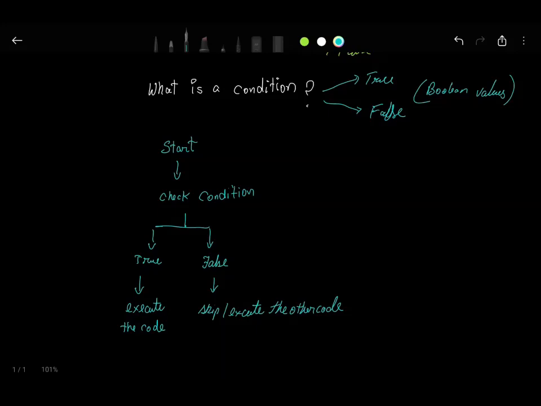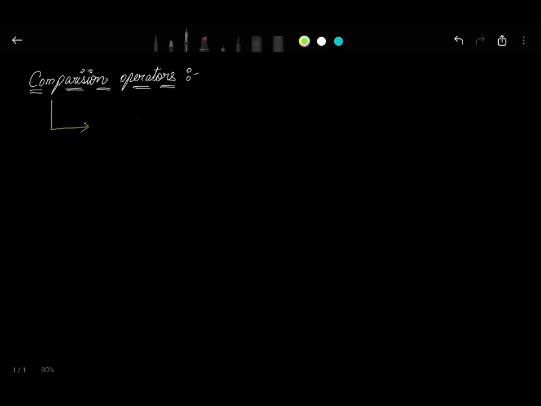comparison operators in Python. In the previous part, we learned that every decision in programming is based on a condition. But here's an important question. How does Python actually check a condition? For example, how does Python know 10 is greater than 5? How does it check whether two numbers are equal or not? To answer these questions, Python provides us with comparison operators.